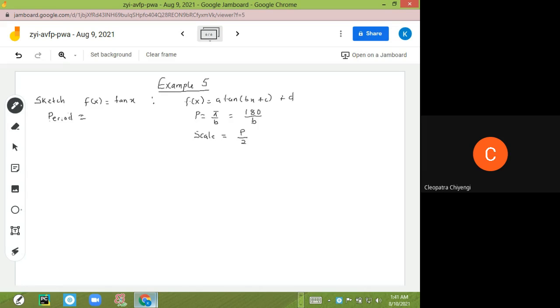The reason why we were dividing by 4 when it came to sine and cos is because they complete their cycle within 360, so they have 2 turning points within the full period.